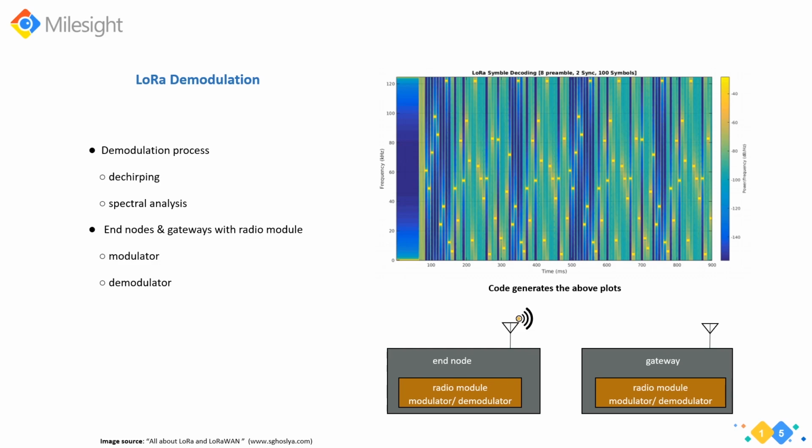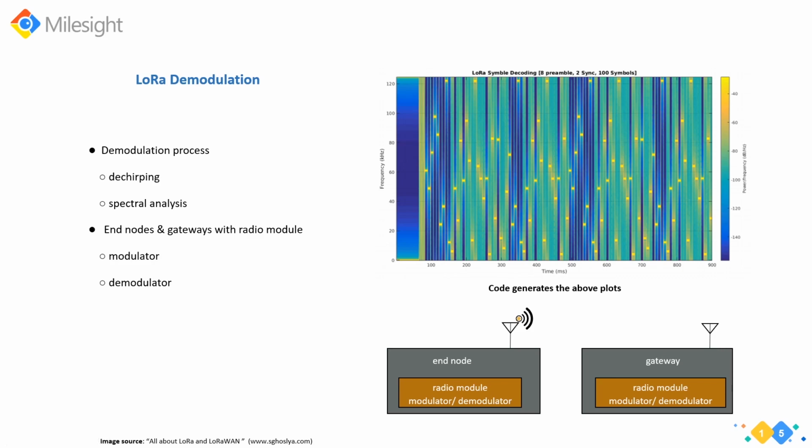For example, here the code encodes 8 preamble symbols, 2 synchronization symbols and 100 information symbols into LoRa chirps, and successfully decodes them. Then you can find the code generates the payloads here in the picture. You can see those bright small points. Those are payloads, okay?